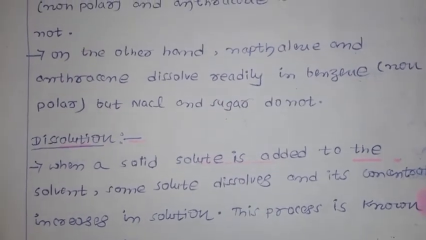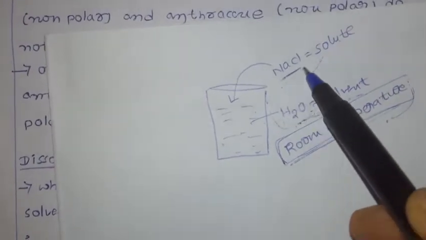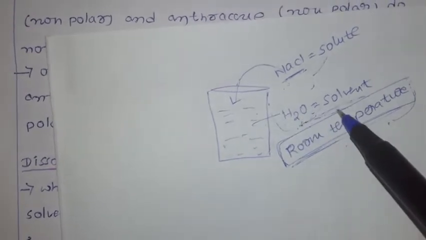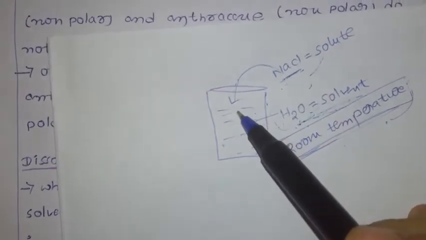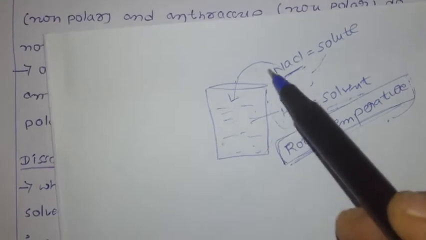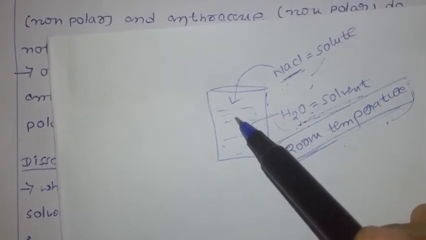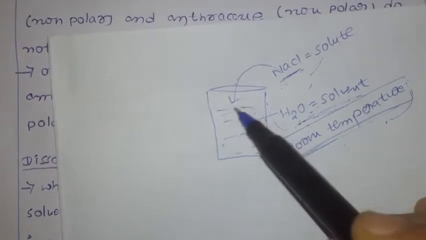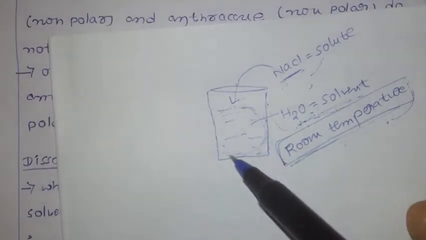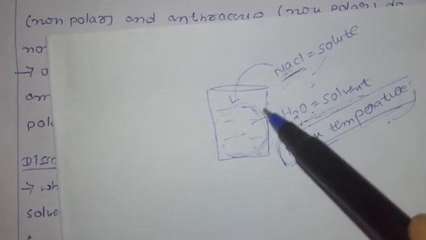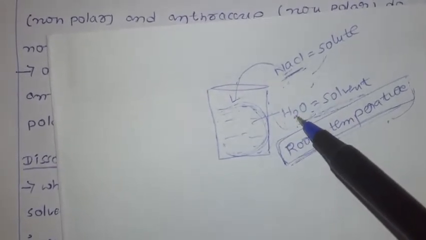For example, take sodium chloride again. For a glass of water, where water is the solvent, if you add a pinch of salt, you will get some saltiness. Add another pinch of salt, and slowly the saltiness increases. It indicates that sodium chloride, the solute, is dissolving in the water solvent.